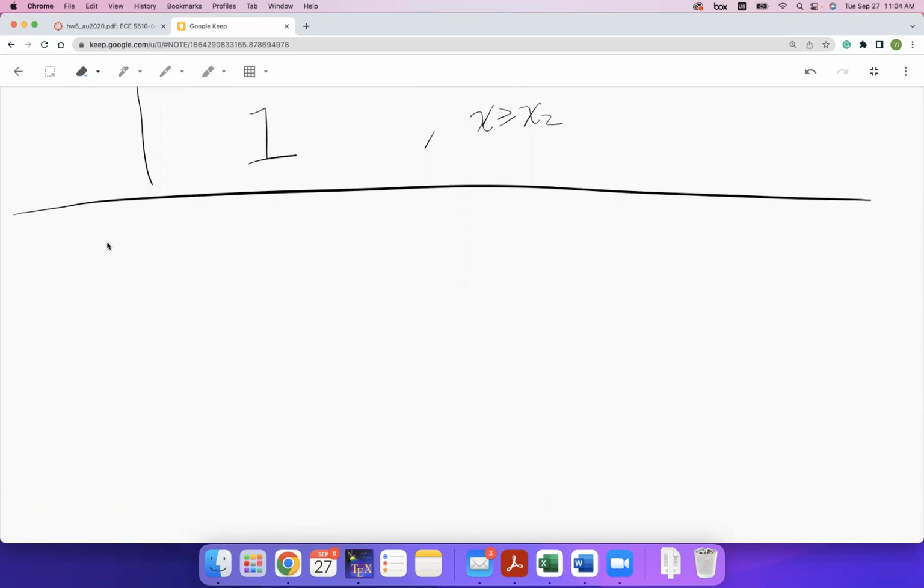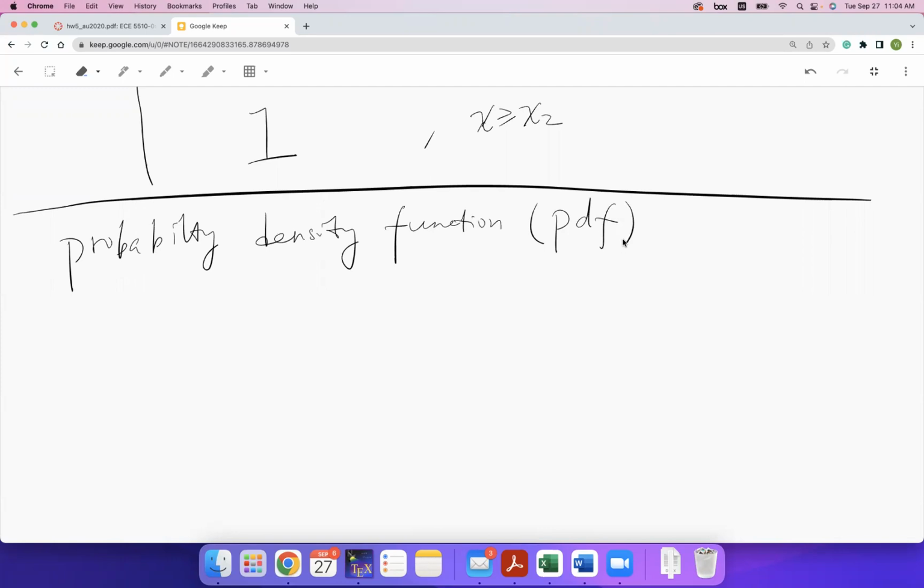Okay, and next we can define the density function of random variables. We call it the probability density function, which is denoted by PDF.